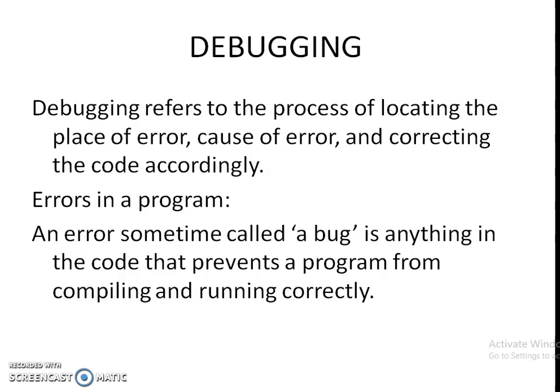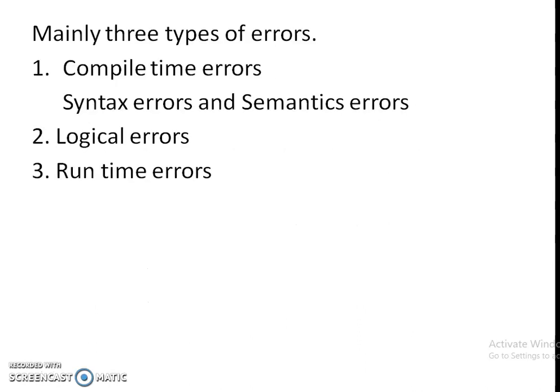Then errors in a program. See children, an error sometimes called a bug. Okay, it is anything in the code that prevents a program from compiling and running correctly. Clear? Mainly three types of errors: compile time error, logical error, and runtime error.